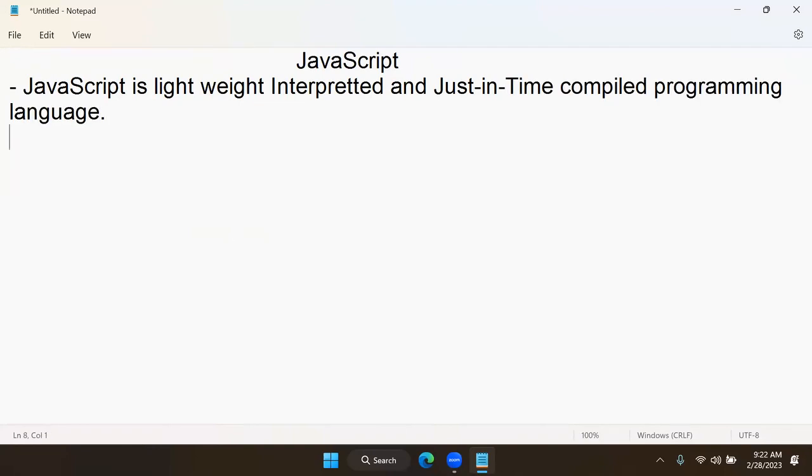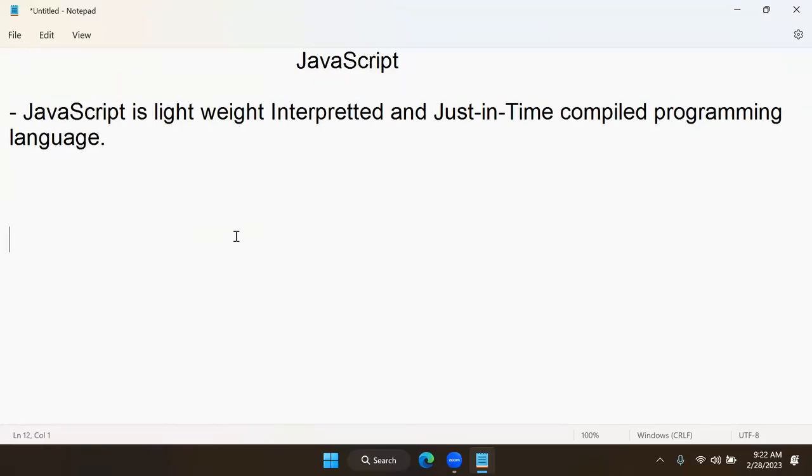That is the official definition of JavaScript.